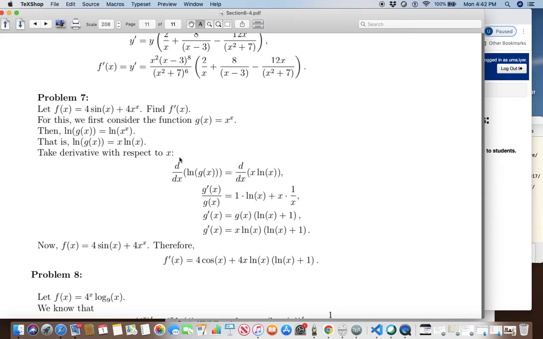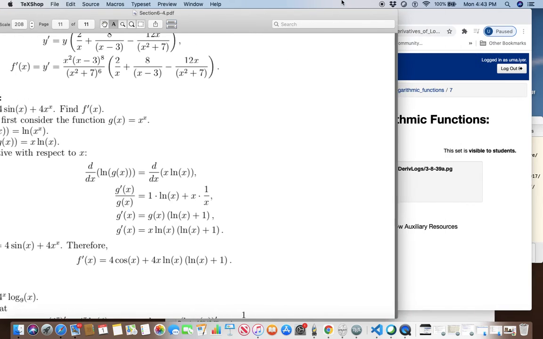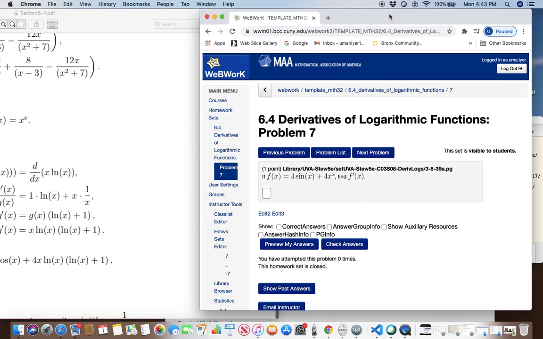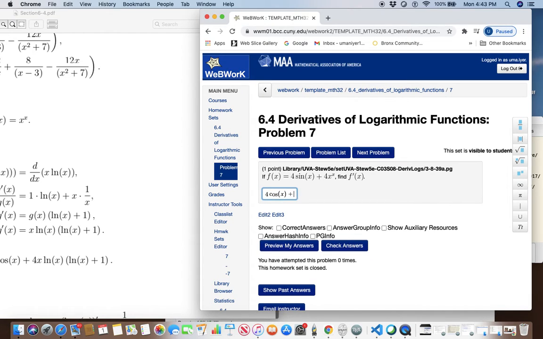So the derivative of f(x) is 4 cosine x plus the derivative of g. Okay, so I need to fix that. I need x to the x here. All right, so the derivative of the first piece is 4 cosine of x, plus 4 times the derivative of x raised to x.